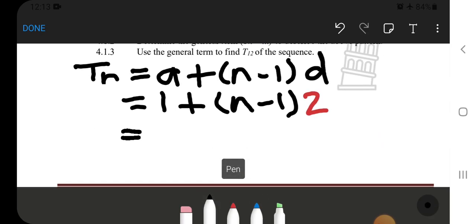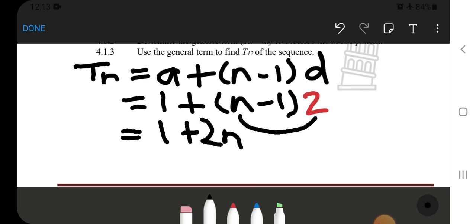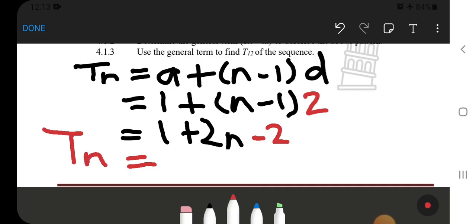And then this equals 1 plus 2 multiplied by n, that is 2n. And then we have 2 multiplied by negative 1, and that will be negative 2. So Tn equals 1 minus 2 plus 2n.